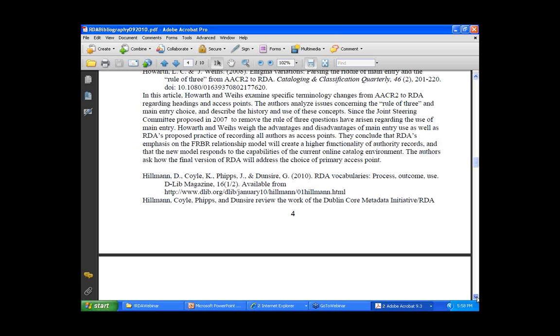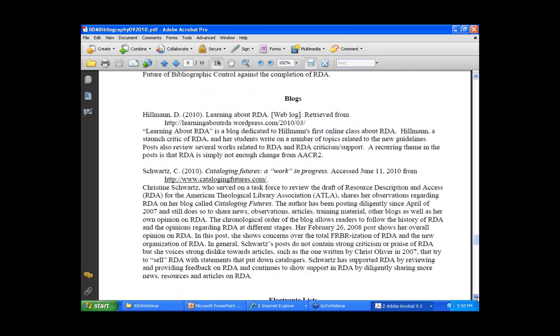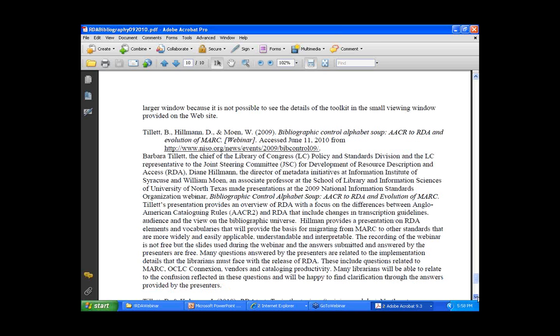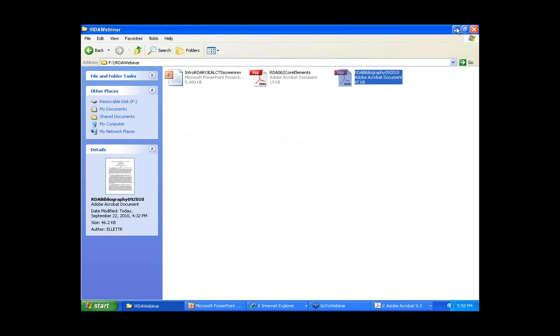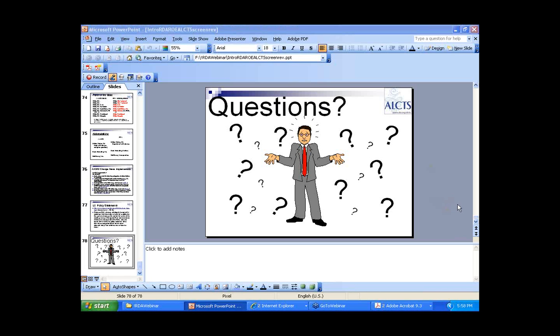So it's a nice annotated bibliography, so you can look through some of the current resources. It even deals with blogs that deal with RDA and electronic lists, for example, and even some nice presentations that deal with RDA. So you have those two handouts to look at as well. Okay. So let me go back up to questions.